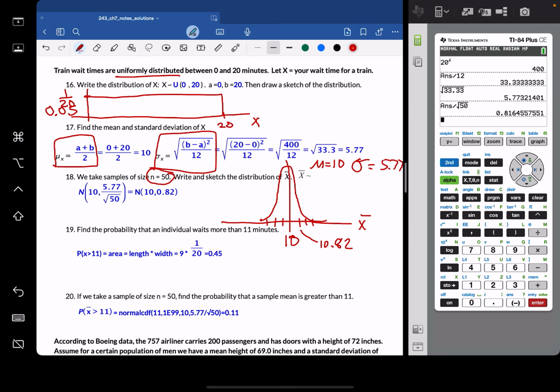What is the probability that an individual waits more than 11 minutes? P of x greater than 11. So when I have a question about x, I use the uniform distribution. When I have a question about x bar, and I have a sample size bigger than 30, then I use the normal distribution.